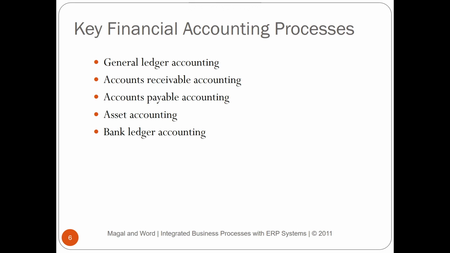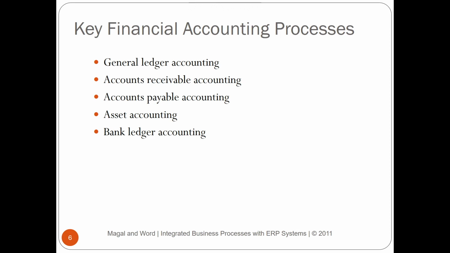The next one is asset accounting, which is used to record the data related to purchase, use, and disposal of assets such as buildings, equipment, machinery, etc. And the final one is bank ledger accounting, which is concerned with recording data associated with bank transactions.